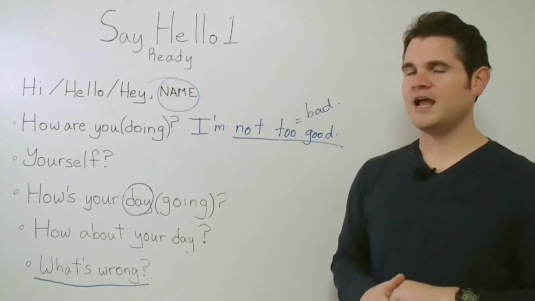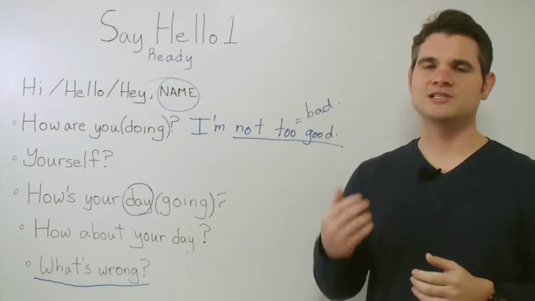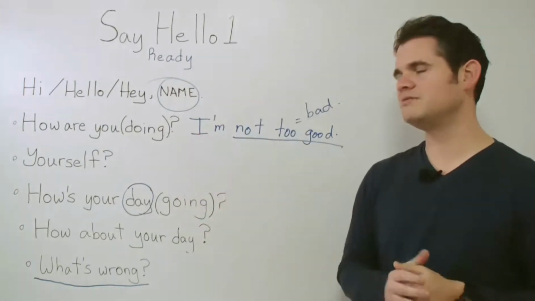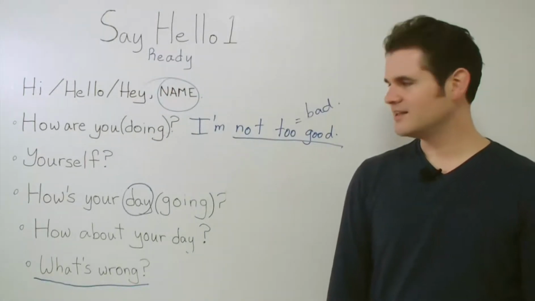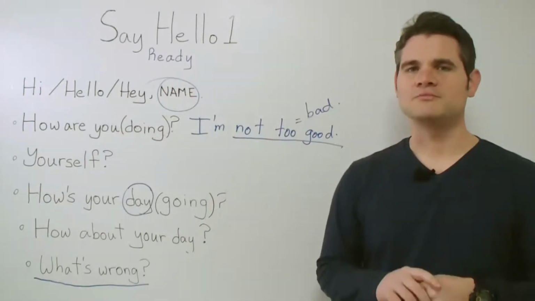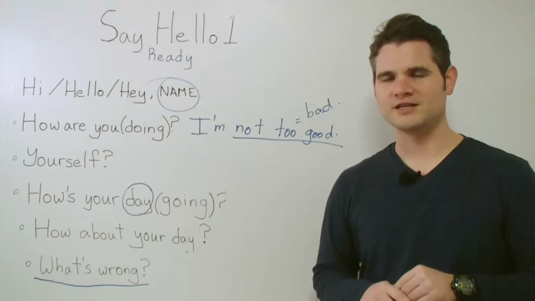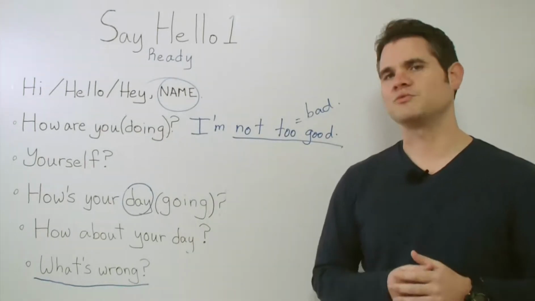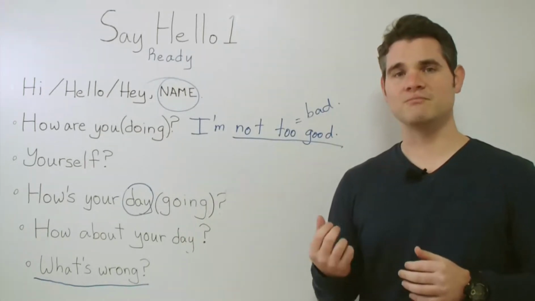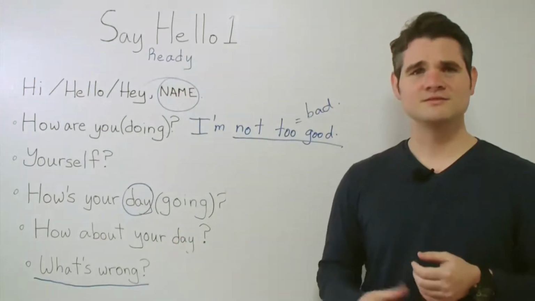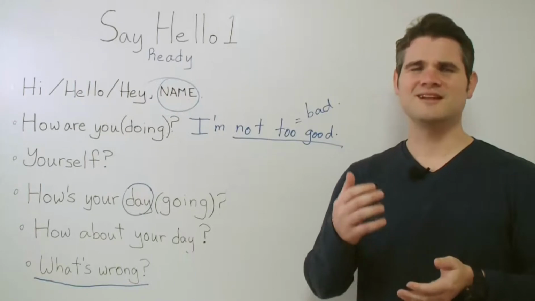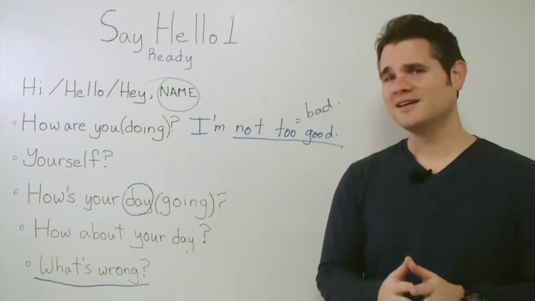And if someone answers in a negative response, how are you doing? I'm not too good. Ask them what's wrong. Show concern for the person. When you ask them what's wrong, they will give you the information about what's wrong. What's wrong? I'm sick. I'm stressed.